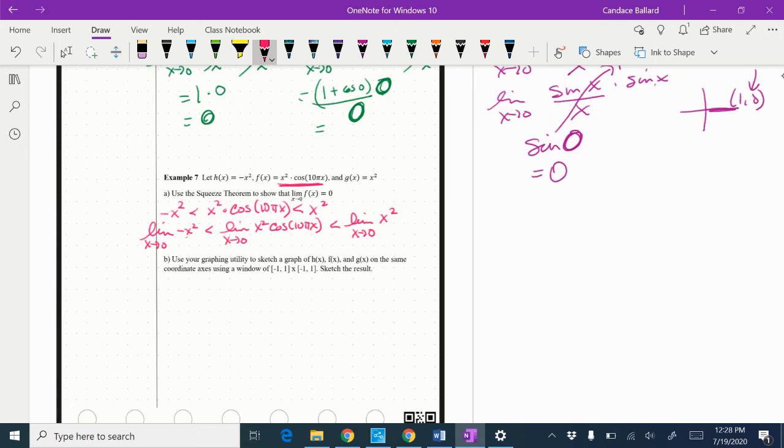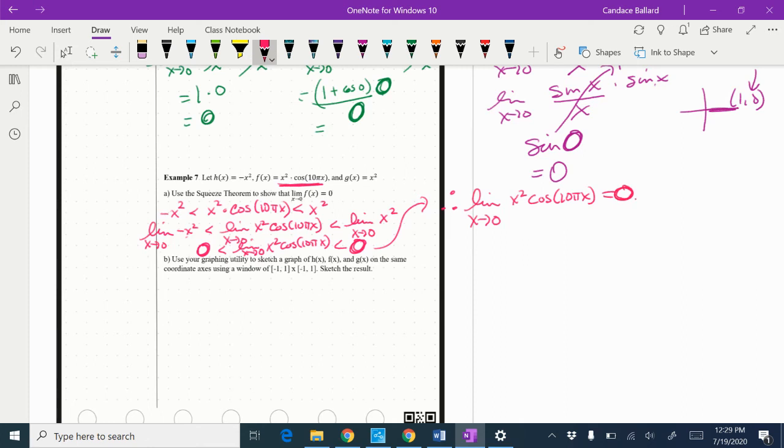I put 0 into that, I get 0. Then I put 0 into this part. Oh, what do you know? I get 0. If I'm squeezed between 0 and 0 on both sides, this limit overall has to be 0. Therefore, the limit as x approaches 0 of x squared cosine of 10 pi x is equal to 0.